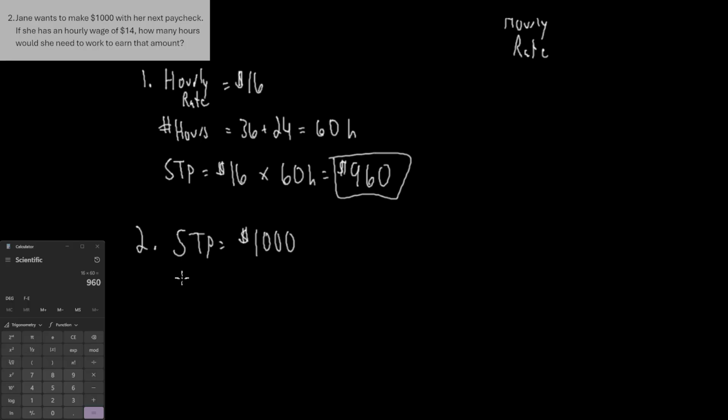It tells us that the hourly wage, or the hourly rate, right? Wage and rate are the same thing, is $14. So in this question, they want to know how many hours she'll need to work is.